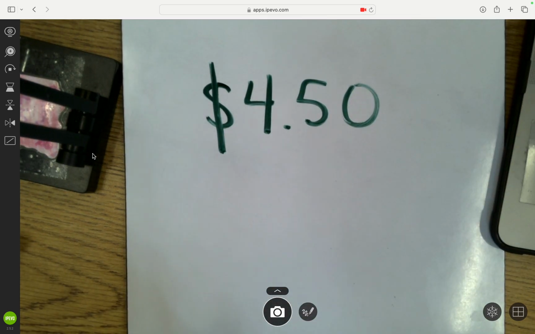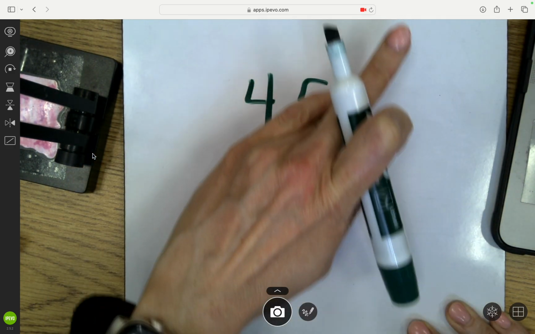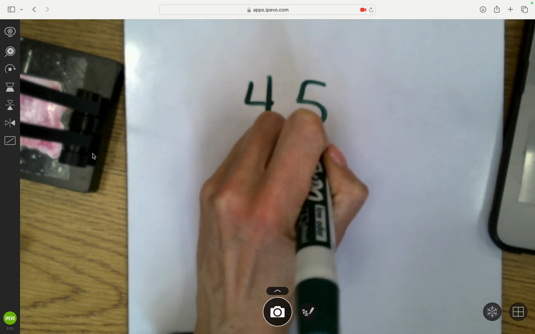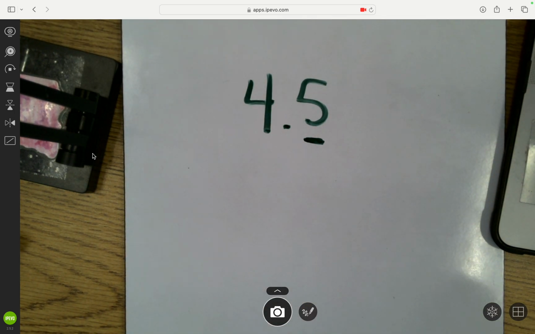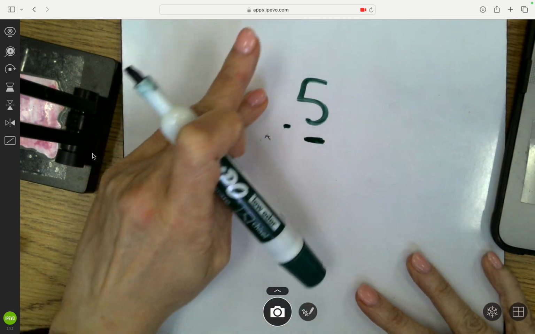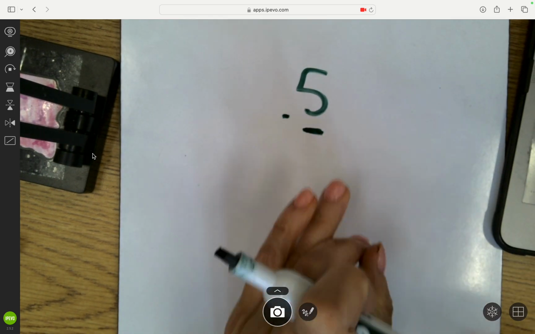So today, we focused on the number that comes right after the decimal point, and that is called a tenth. A tenth, okay? So we worked on writing an equivalent fraction to a decimal.